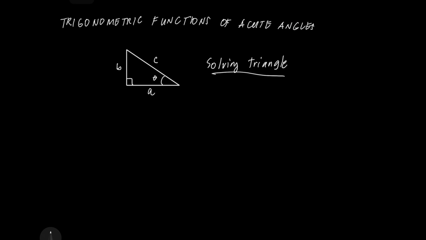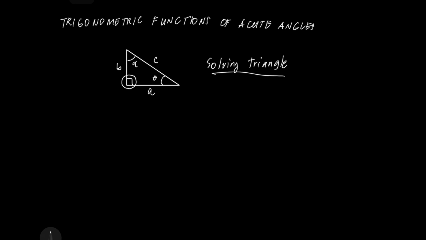But in this case, since this is a right triangle, we know for a fact that this angle here is 90 degrees, and the sum of these two angles, suppose this is alpha, the alpha and the theta, is 90 degrees. Okay? The sum of alpha and theta is 90 degrees.